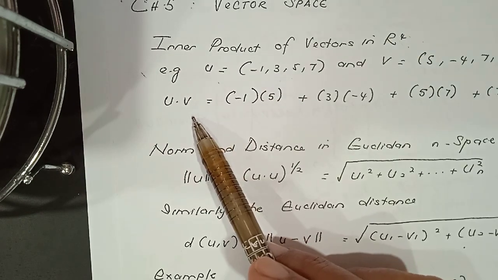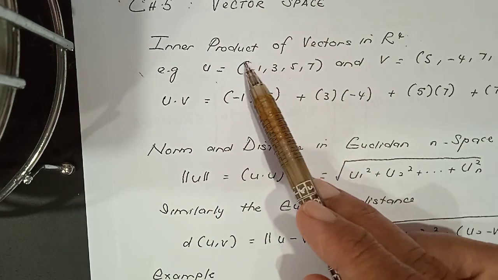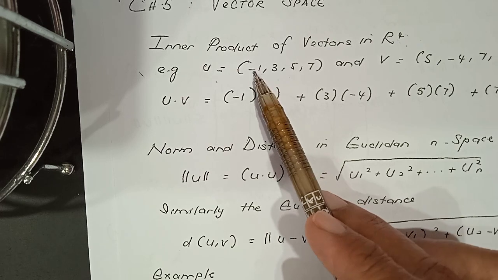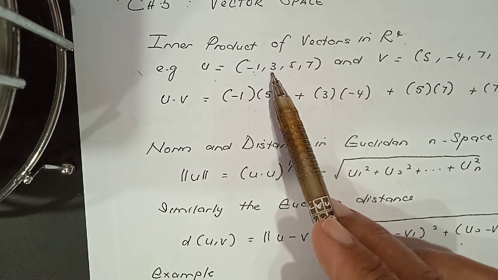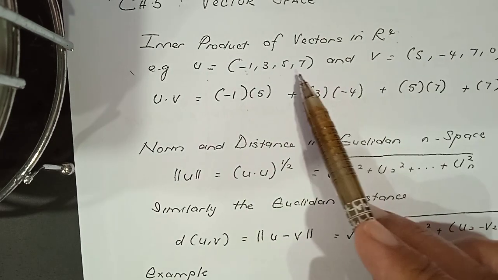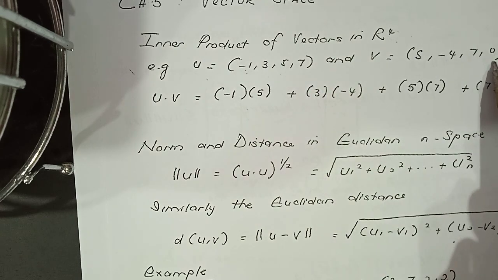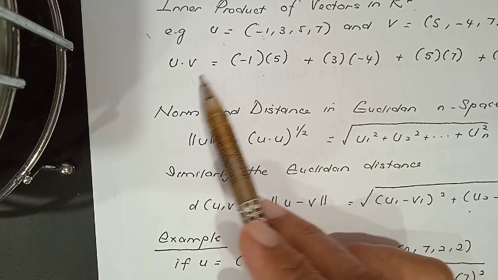So for the inner product or dot product, u dot v equals, we just multiply values from the same component: minus 1 times 5 plus 3 times minus 4 plus 5 times 7 plus 7 times 0. So this is the inner product.